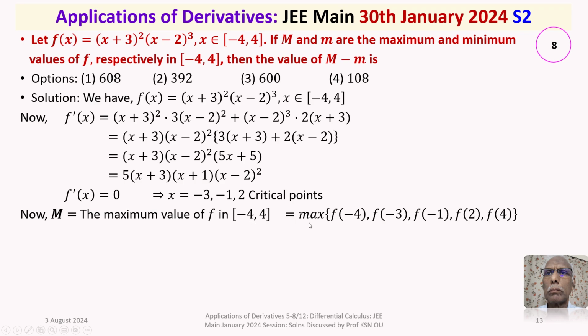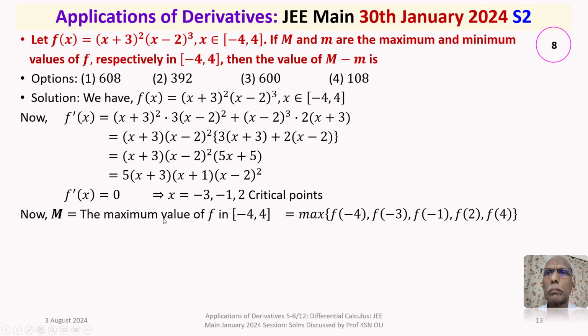Then we take the maximum of the values of f at the critical points, that is minus 3, minus 1 and 2, and at the endpoints, the values of f of minus 4 and 4. Take the maximum, then you will get the maximum value of f in the closed interval minus 4 to 4.